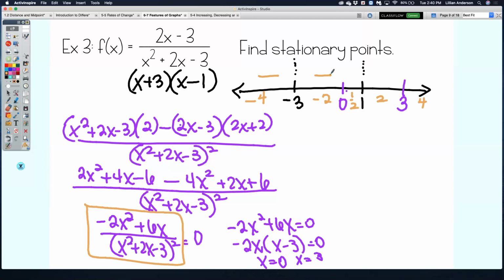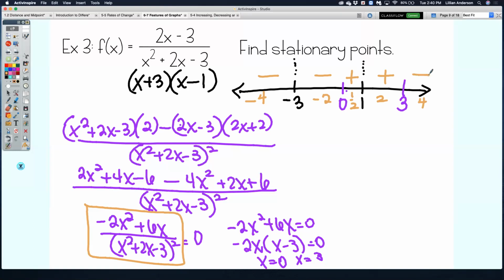So that's going to give me a positive number. When I plug in 2, it's going to give me -8 plus 12, which is going to be positive. Then when I plug in 4, it's going to give me a -32 plus 24, which is a negative.